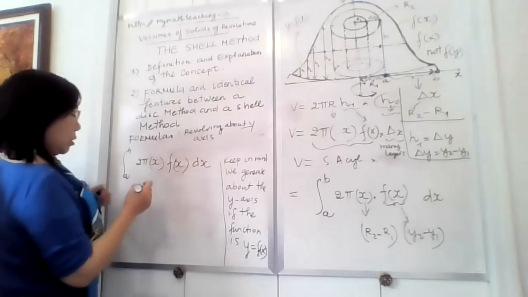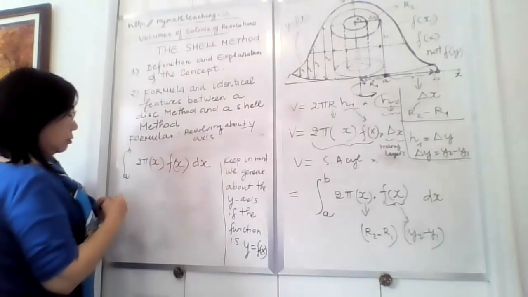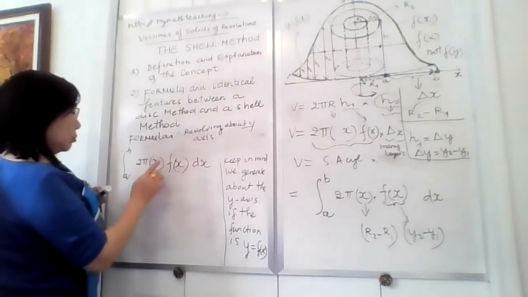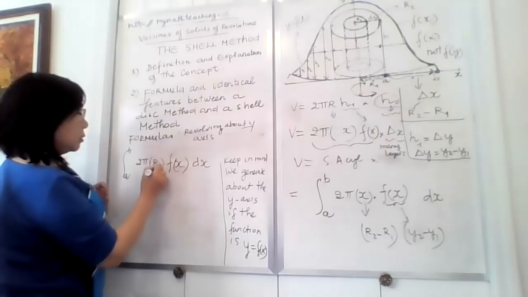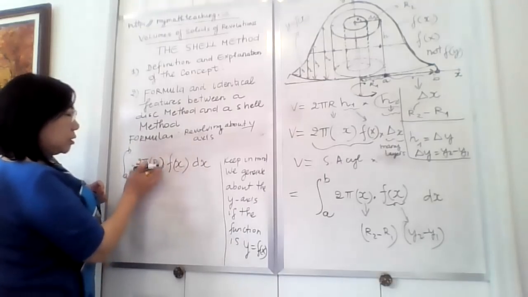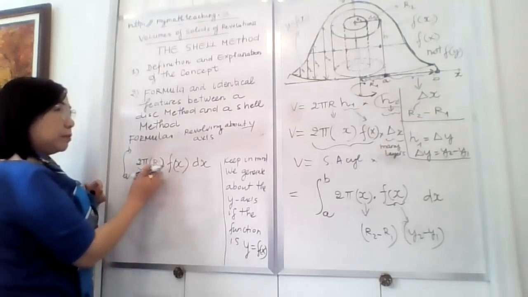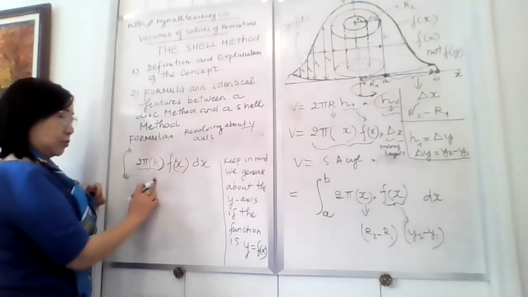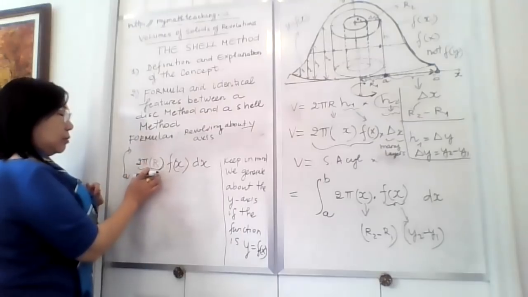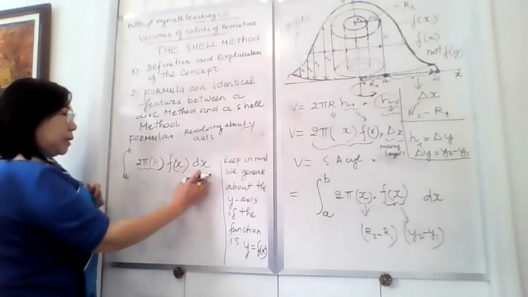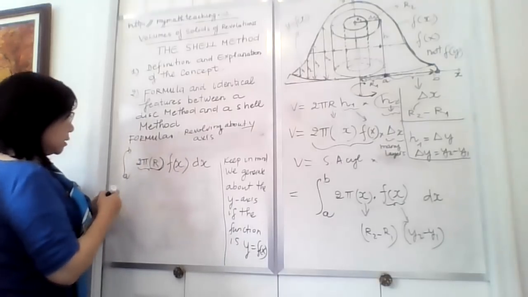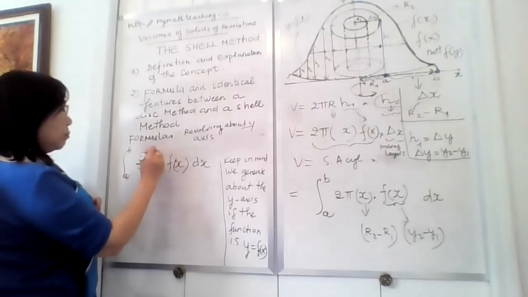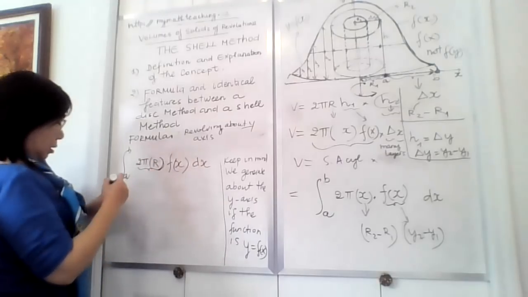So that is the one function. Sometimes we might leave it in terms of r so that you can easily remember the formula of the circumference. So I just leave it at r here, but keep in mind our r is the x actually. That is how it looks, 2 pi r times f of x dx. So that's the formula of the shell method, okay?